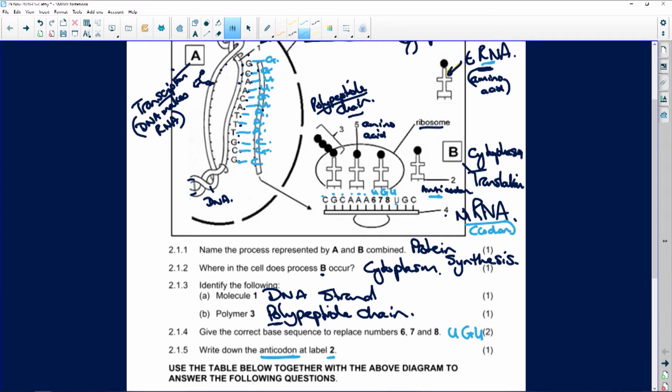Okay, it is complementary. So if we have U, it's going to be A, and G will be C, and C will be G, and there you go. There is your anticodon. Very, very easy, A, C, G.